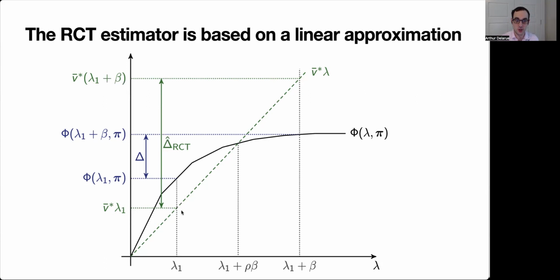The estimated value at global control is given by our linear approximation there. And the difference is our estimator of our treatment effect. And you can see, you don't need to be an expert in taking linear approximations of functions to know that this is probably not the best way to approximate the value function.